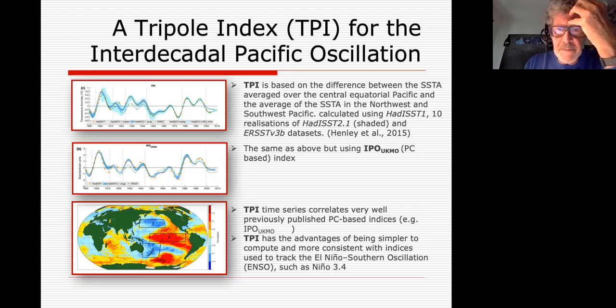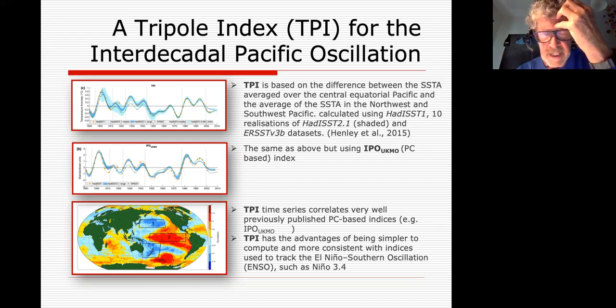And then you have another index calculated by the UK Met Office, and you see the TPI seems to have very good performance and exhibits a strong correlation with the IPO index calculated by the UK Met Office, which is quite complex to calculate.